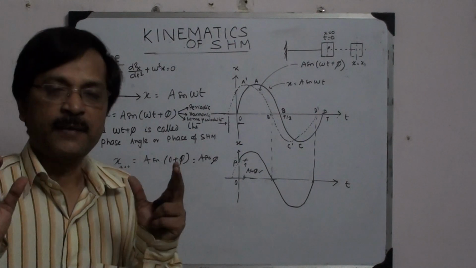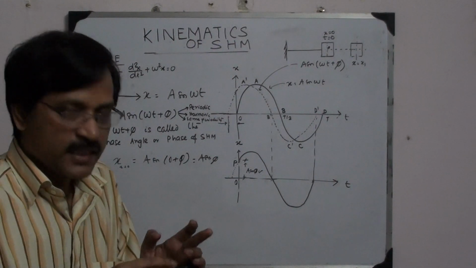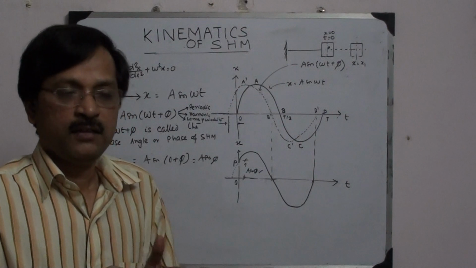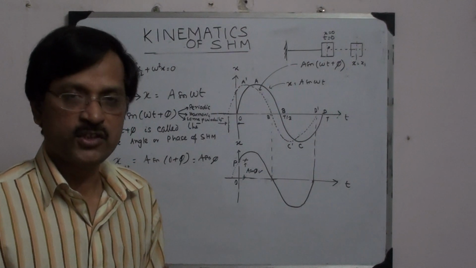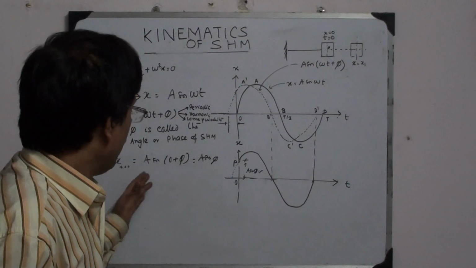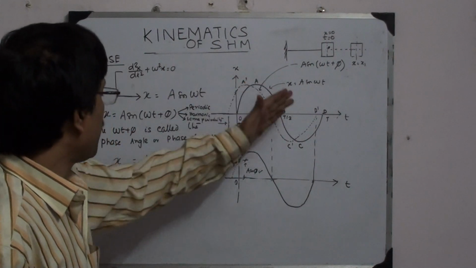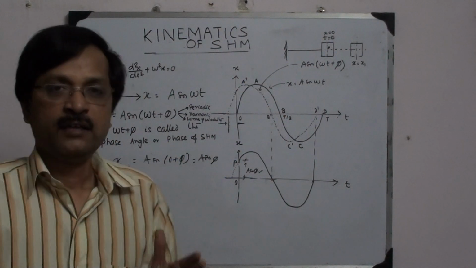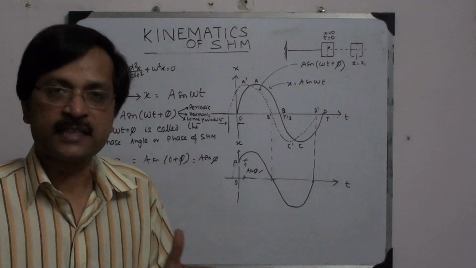Which means at time t is equal to 0, we had been describing that the displacement was 0. But here we are describing the simple harmonic motion that has a particular value of x at t is equal to 0.